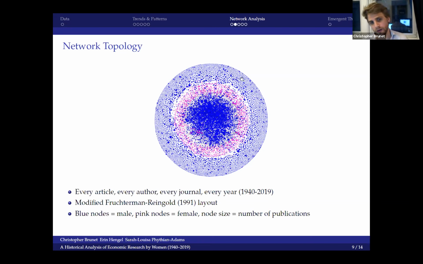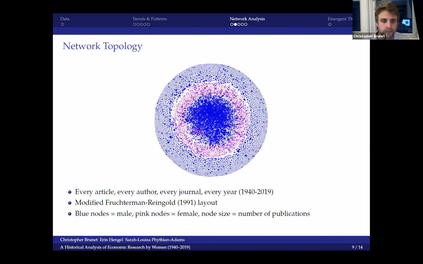There's an outer ring of mostly solo male authors. There's an inner ring where most of the female authors are. And there's an inner dense cluster where all the really tangled co-authorship networks are taking place. What I would draw your attention to here, where my mouse is, is that you're just starting to see a smattering of females in that network. We're going to expand on that in a couple of slides.